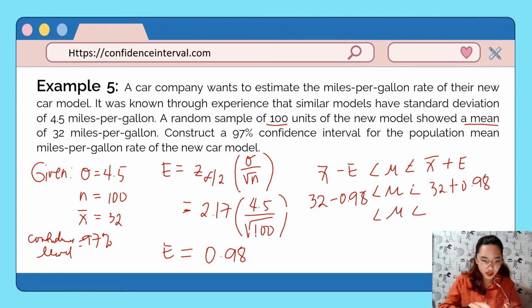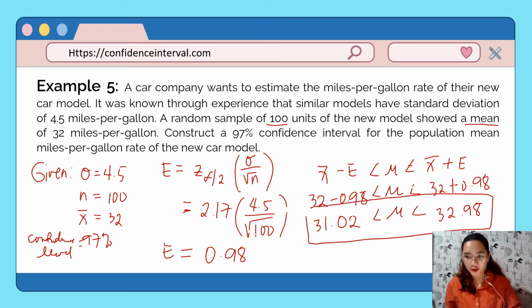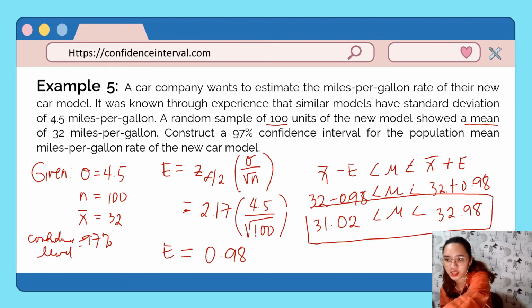Ano ang ating upper limit? 32.98. And, ang ating namang lower limit is 32 minus 0.98. That is 31.02. So, this is our 97% confidence interval sa ating problem na ito. Okay? So, ganun lang po siya. So, paano po natin ito i-interpret?